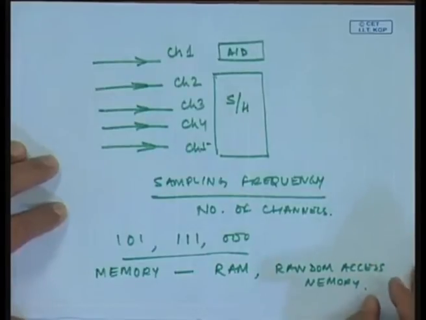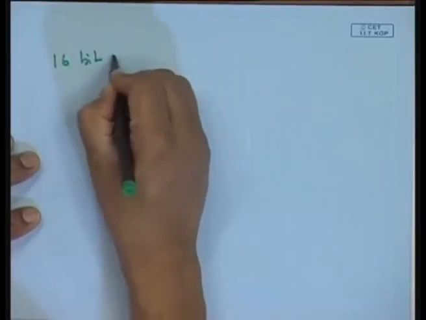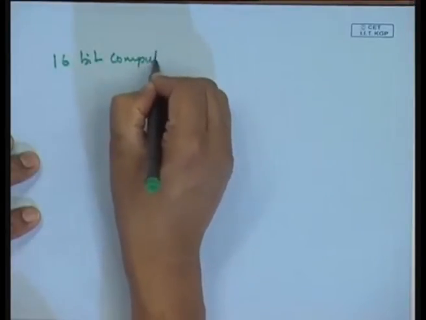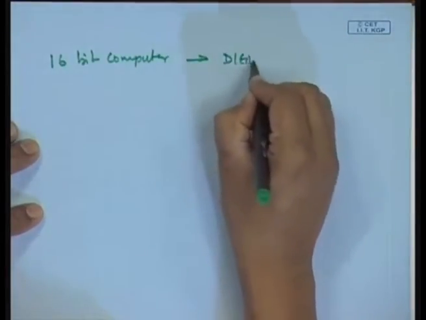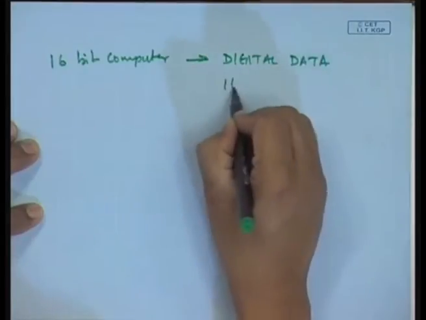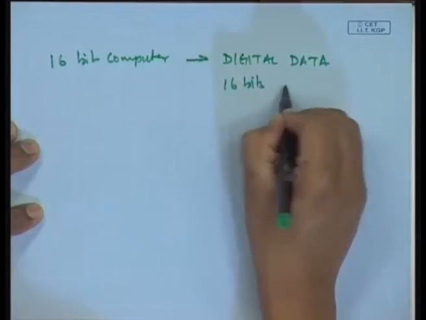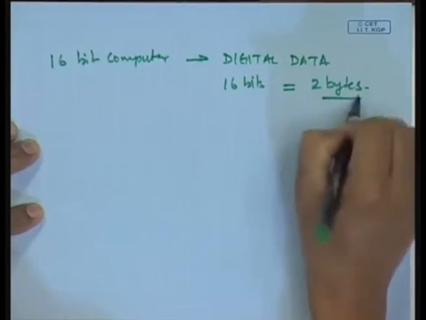And let us see how much memory is required to store a given amount of data. For example, if I have a 16-bit computer, that means every digital data point obtained from the sampling process is of 16 bits, that is 2 bytes.